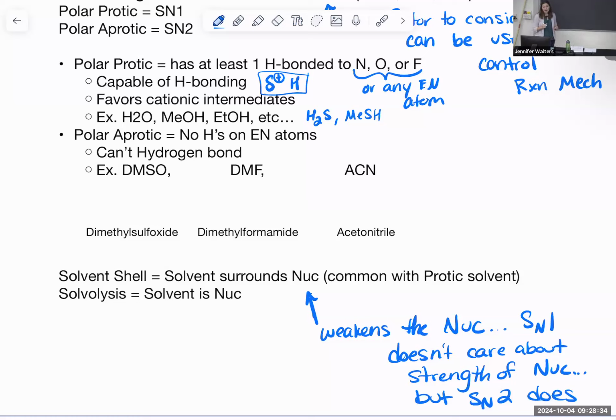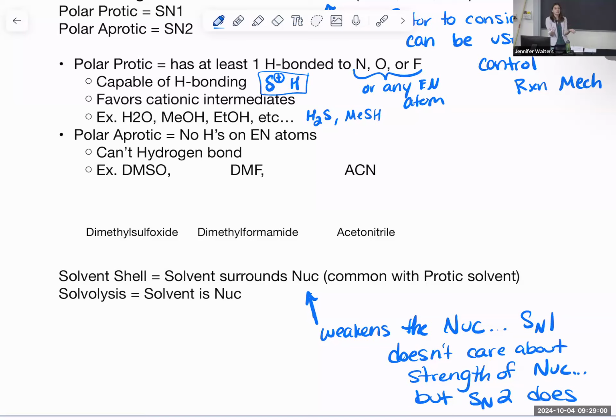So having a protic solvent with SN2 is typically disfavored because remember, in SN2, your nucleophile has to attack at the same time as the leaving group leaves. So you need it to be really reactive. You need a strong nucleophile. It's in the rate determining step. You need it to be able to react right away. So if you're forming a shell, this protective bubble around your nucleophile, that's going to slow it down.